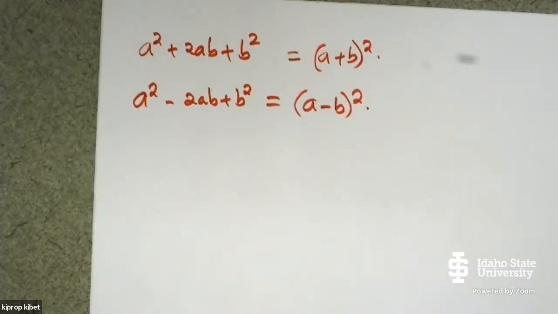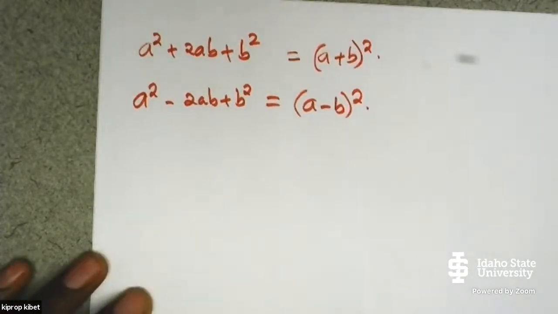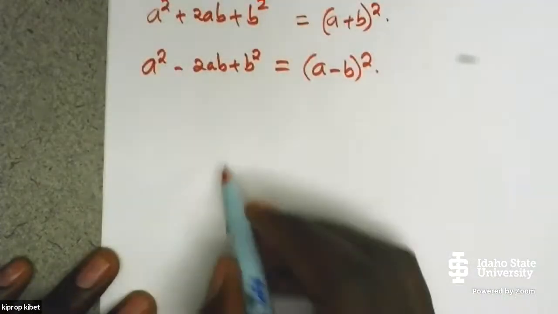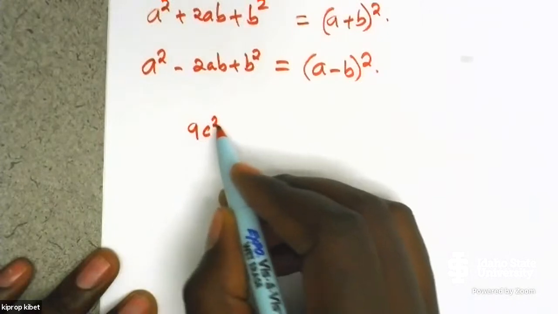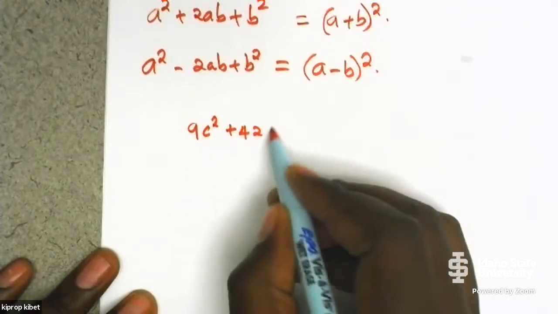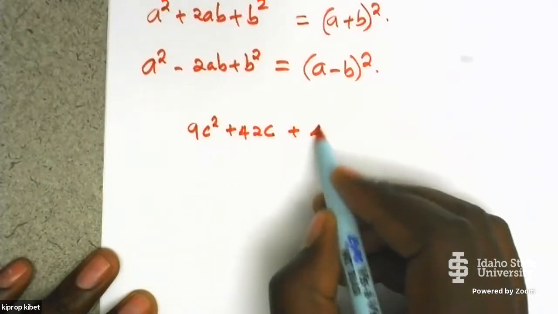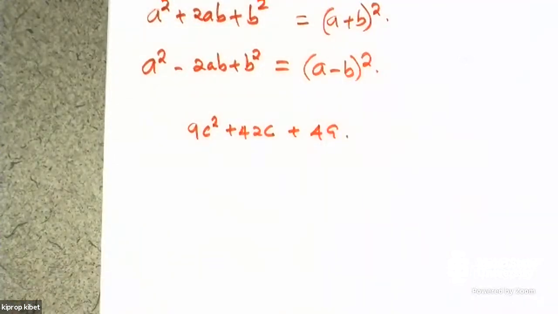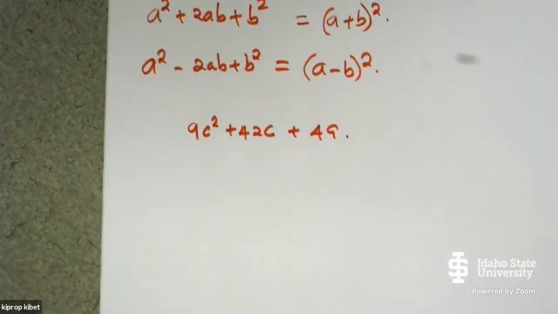For example, we did an example on this. We said if we have 9c square plus 42c plus 49, you need to check whether this one is a perfect square.